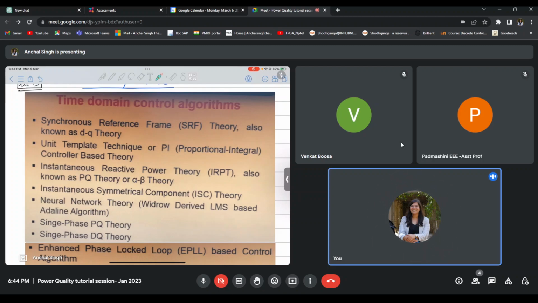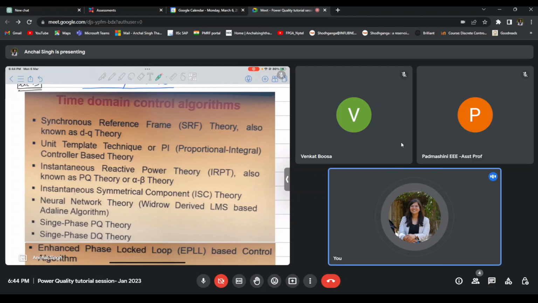But nowadays, DSPs and the controllers or processors available in the market are able to operate at a very high frequency. The clock frequencies available in the market are in the megahertz range, 100 to 200 megahertz. Because of that, nowadays people have started using frequency domain control algorithms as well.